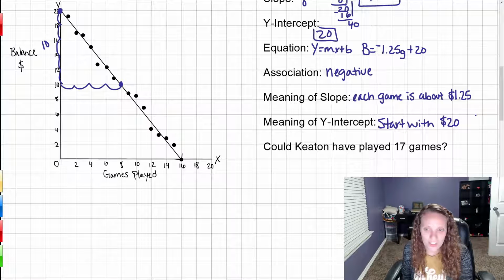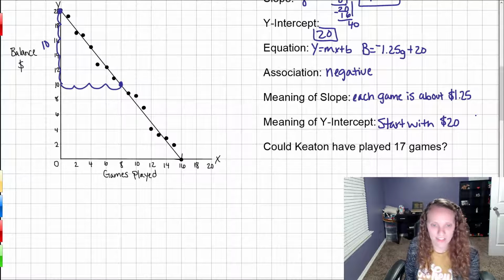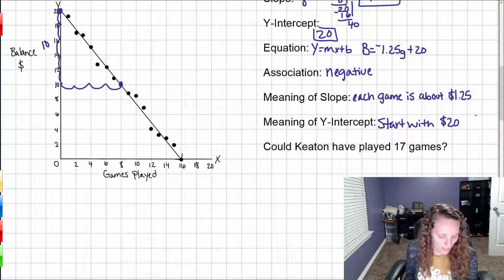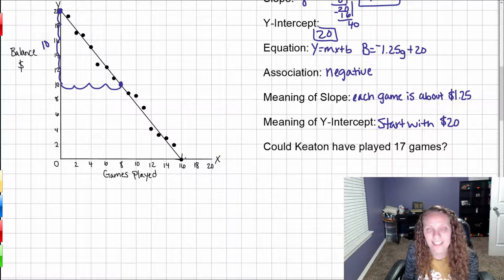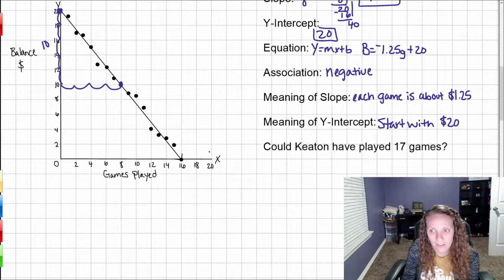Then the last question says, could Keaton have played 17 games? So let's look at our graph for just a minute. I'm looking, and at 16 games, it's showing that he has $0. So we would say, no, he couldn't play a 17th game because at 16 he's already out of money. However, I would argue the point that yes, he could play 17 games.